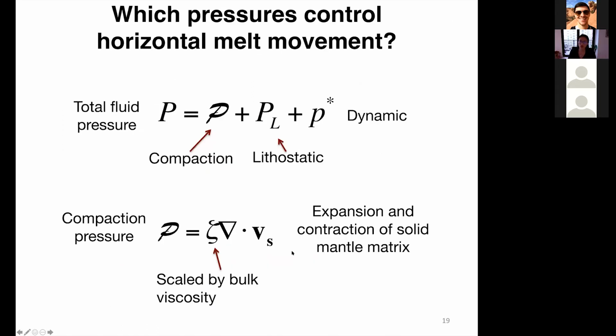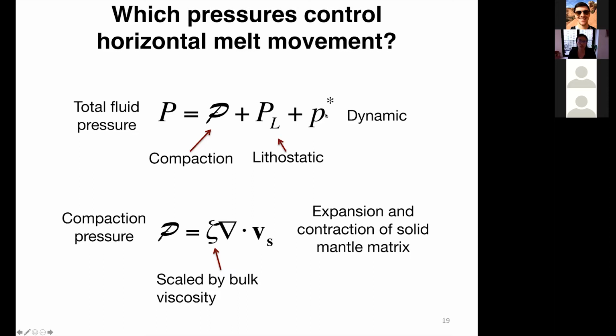Overall, the full governing equations are fairly hard to understand. This is why, to understand the different pressure gradients that focus melt from a wide region to a smaller region, we decompose the pressure into various forms to help us better understand the different processes. Here you have the total fluid pressure decomposed into compaction, lithostatic, and dynamic pressures.